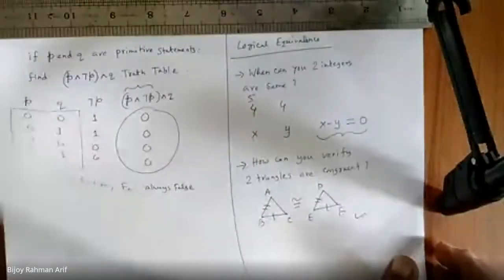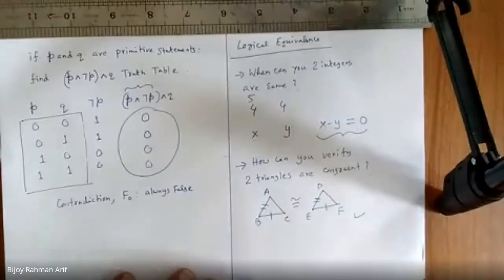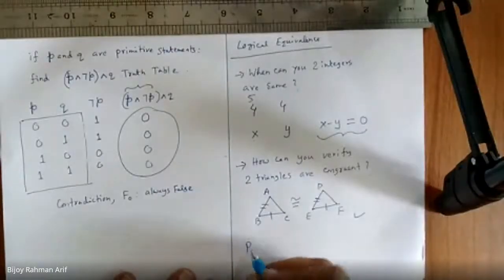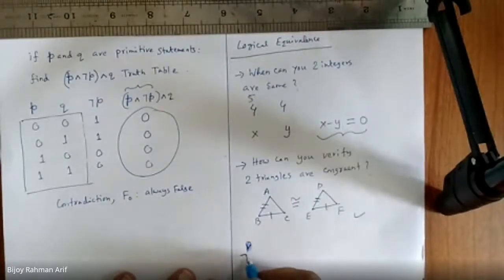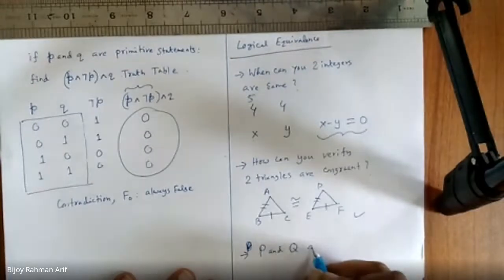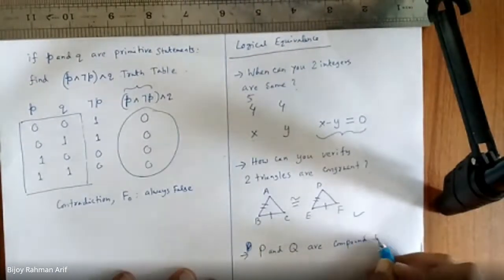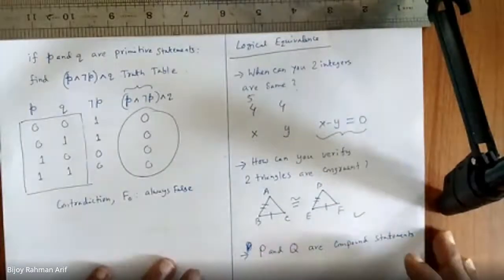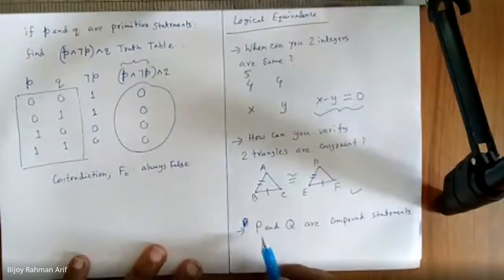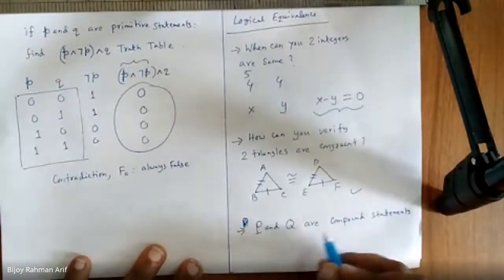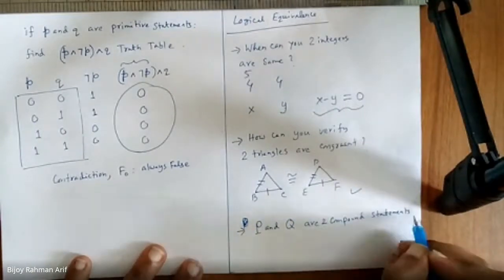How can you prove it? Let's assume P. Now this is the million dollar question. P and Q are compound statements, when two different pieces of information are given. Listen carefully. After listening, answer the question. P and Q are two compound statements.